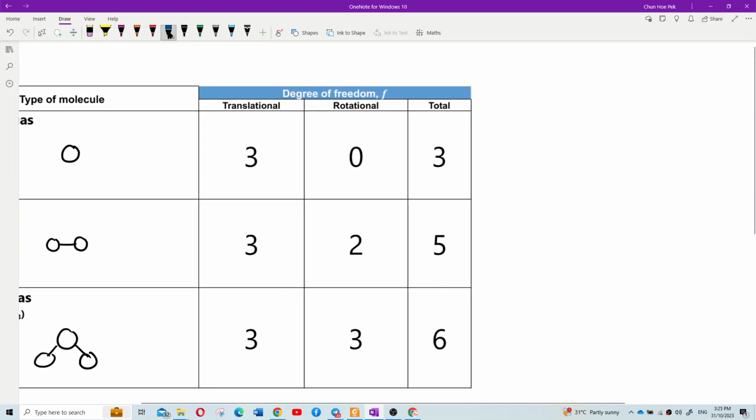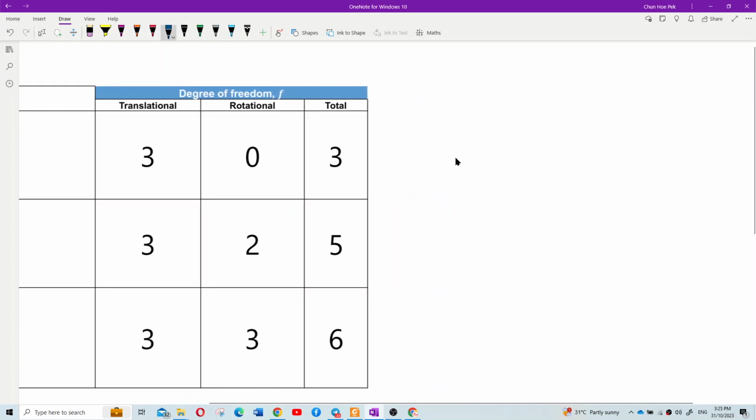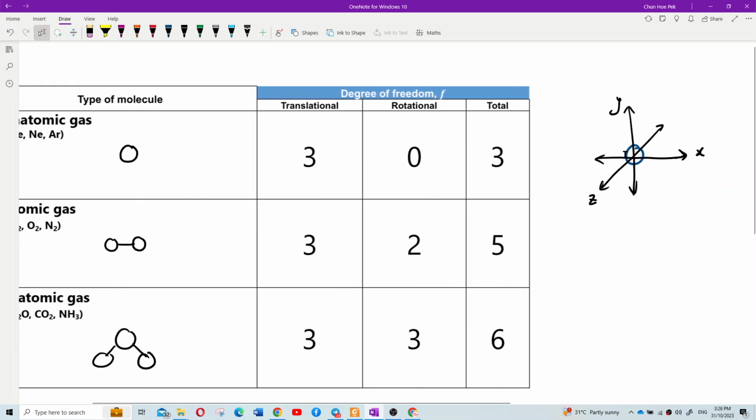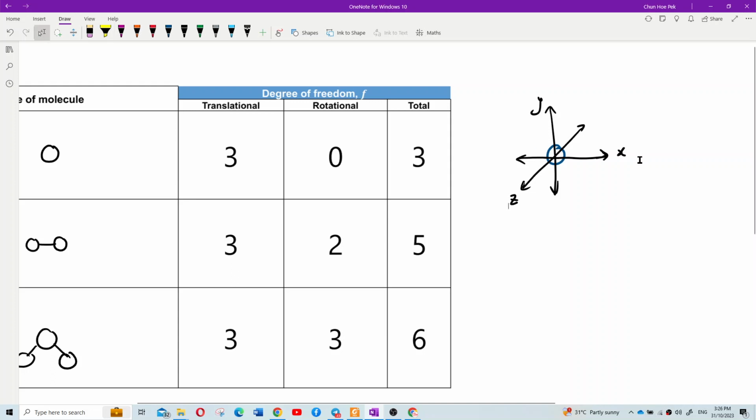For translational motion, this gas particle can move in the x direction, the y direction, and forward, backward. It can move left, right, up, down, and forward, backward. So it has 3 degrees of freedom. X is one degree of freedom, Y is one, Z is another. Altogether you have 3.